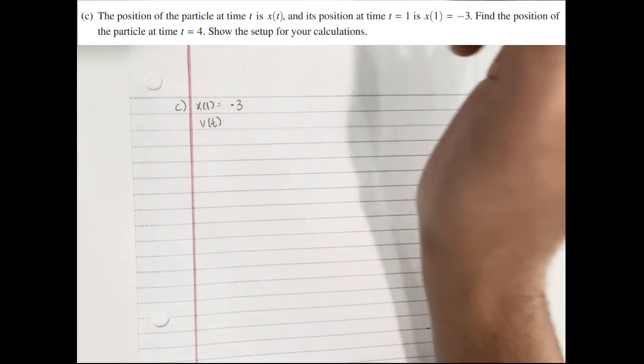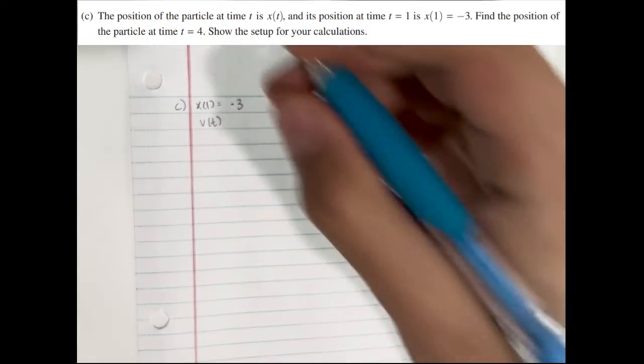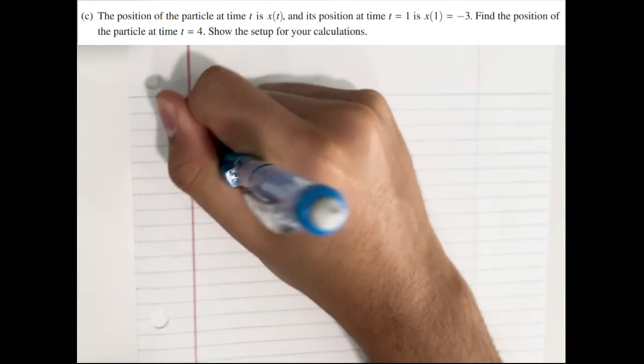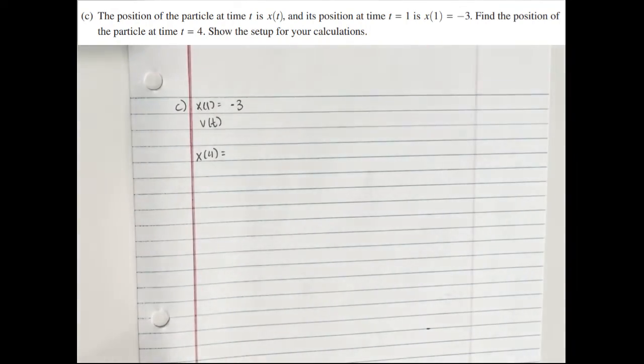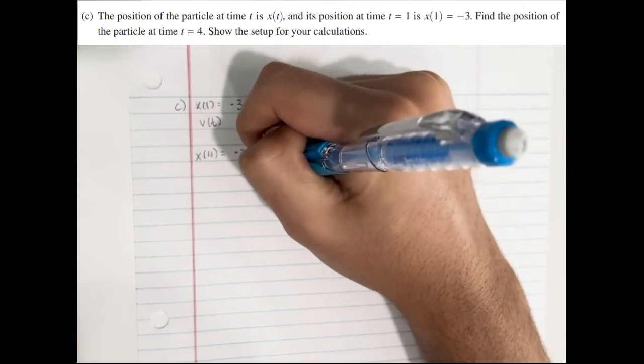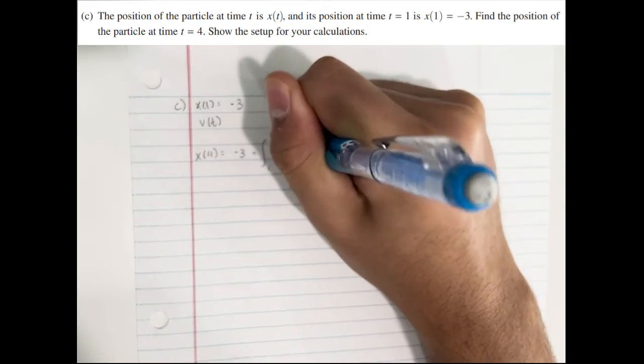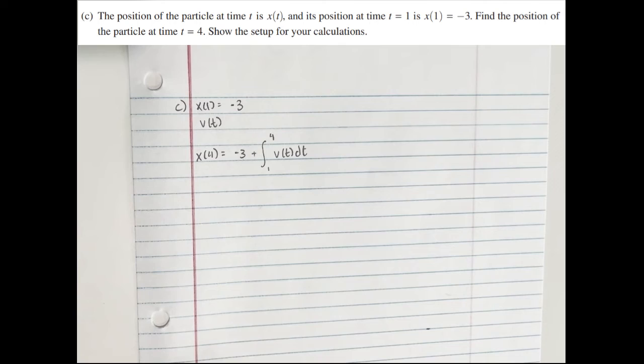So using that initial condition, we can find x of 4, the position of the particle at time t equals 4. And that's equal to this initial condition plus the definite integral from 1 to 4 of v of t dt, because the velocity is the derivative of the position. And I'm able to do this by the fundamental theorem of calculus.